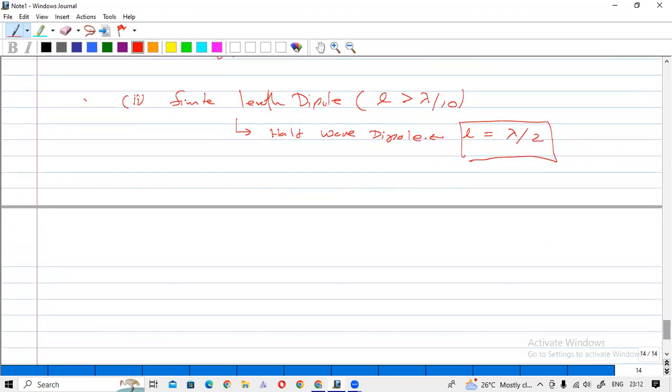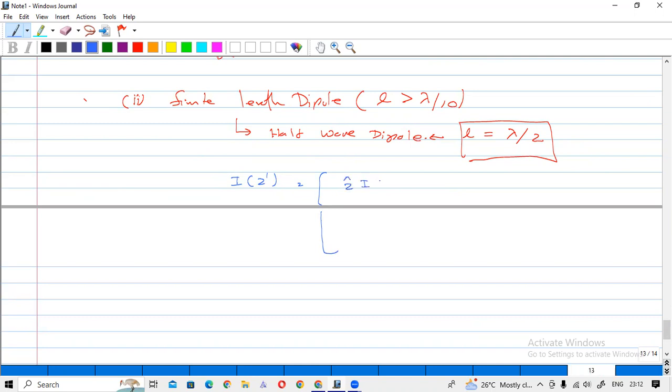But you can try it if you have time. The current distribution for this finite length dipole is like this. It is also in the Z direction.